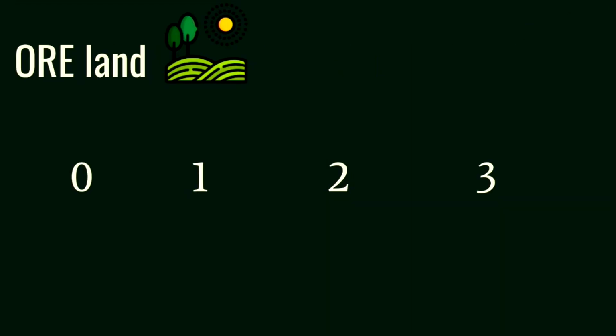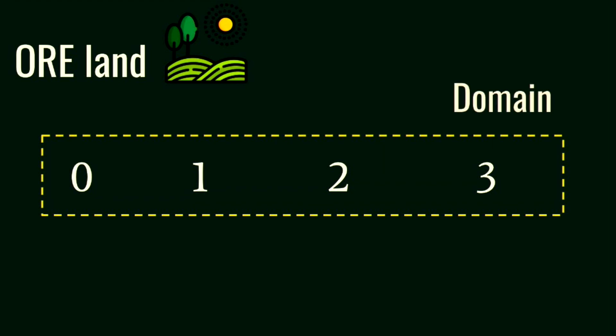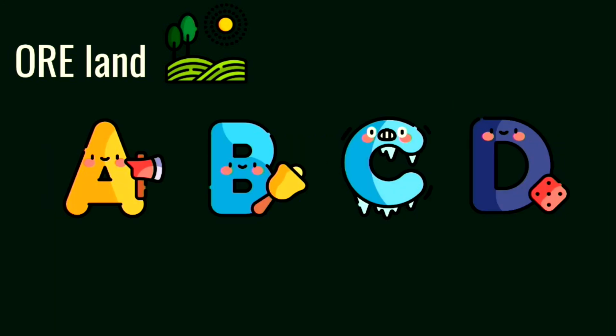But in this particular land, there's only 4 possible values: 0, 1, 2, and 3. And in cryptography, this is known as a domain, and I'll be referring to the domain as we continue to go through this example. But how does A relate to our values here in the domain? So we have the letters A, B, C, and D. And these are ASCII characters.